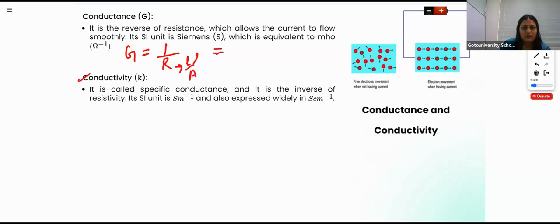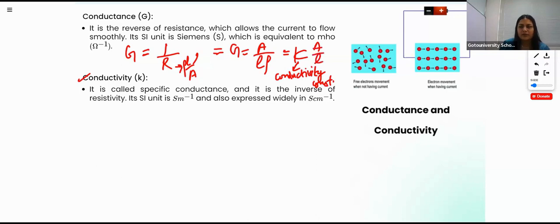So we can write here G is equal to A over rho L, which is equal to kappa, a conductivity constant, times A by L. So this is the relation for conductance.